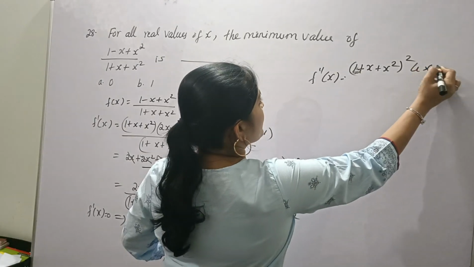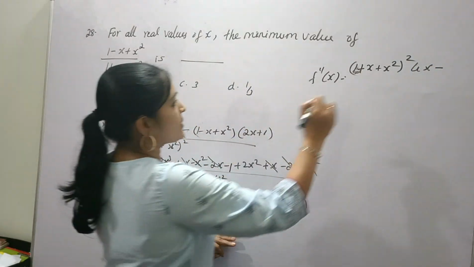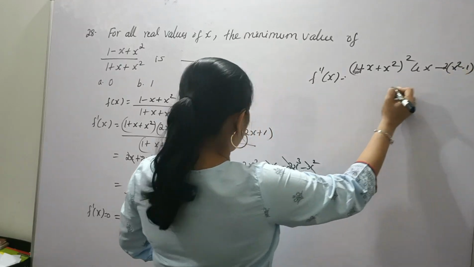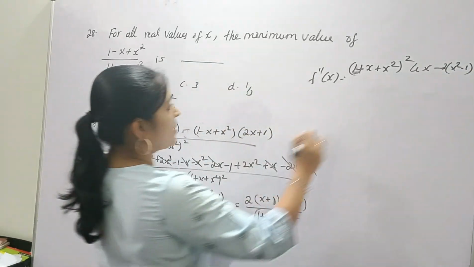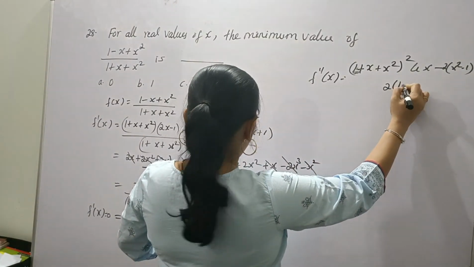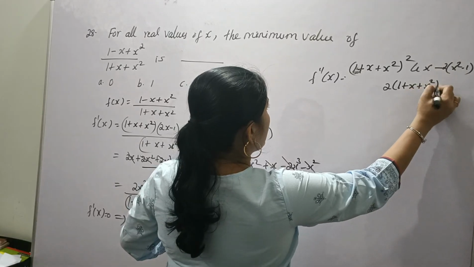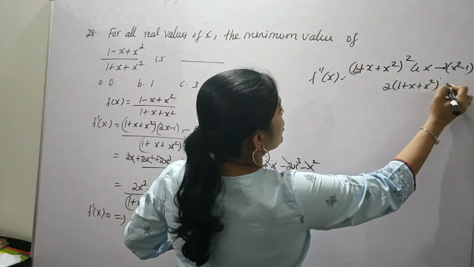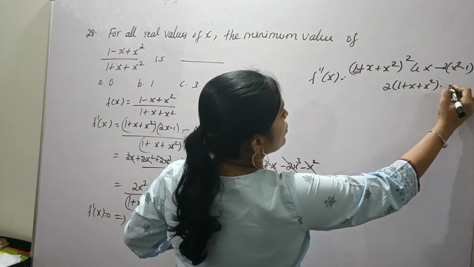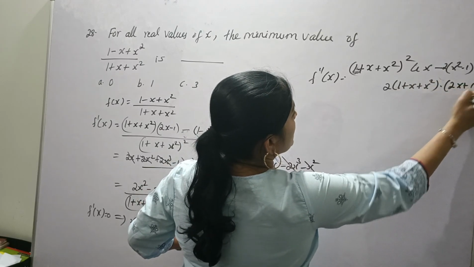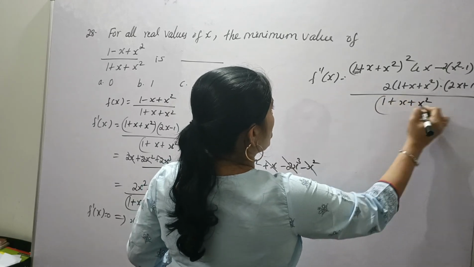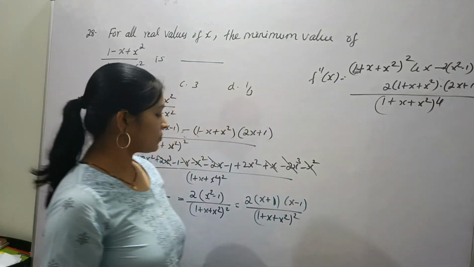Okay, that is 4x minus 2 into x square minus 1, 2 into x square minus 1 into derivative of this one, that is 2 into 1 plus x square, into 2x plus 1 divided by 1 plus x square whole raised to 4.